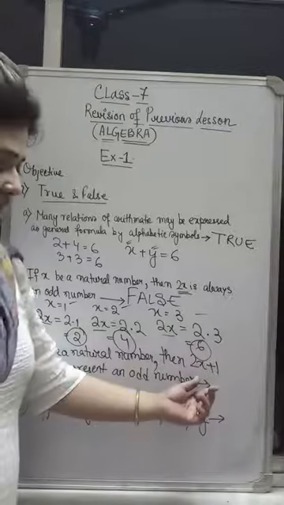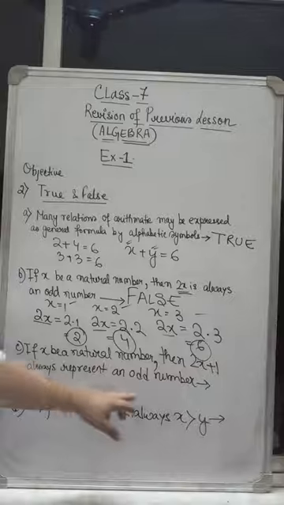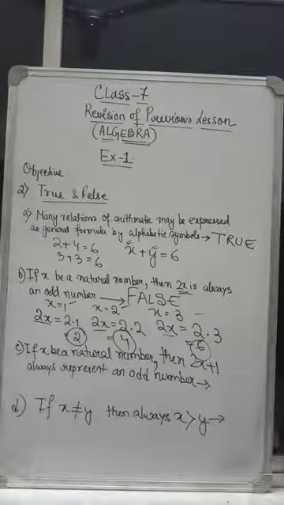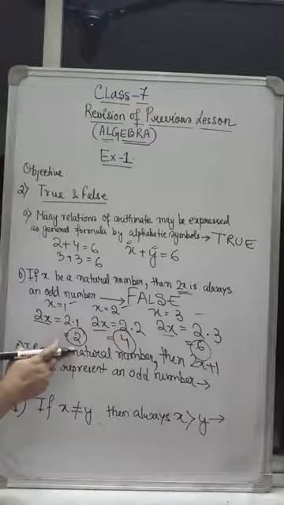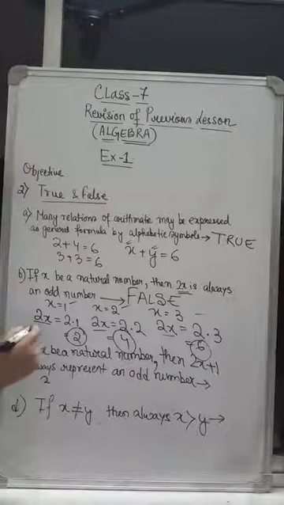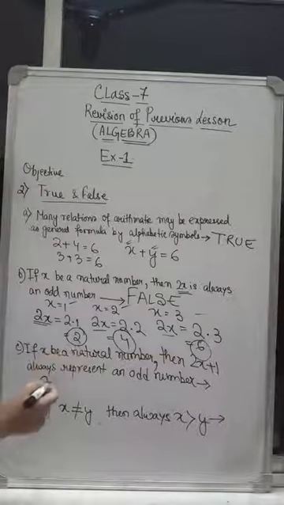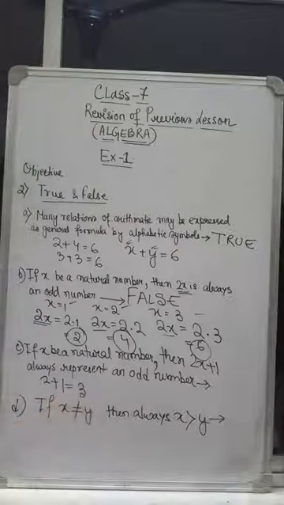That means if I find the value of 2x plus 1, will it give me an odd number? So when x is 1, your 2x value is 2, and if you do 2x plus 1, it will give you 3.